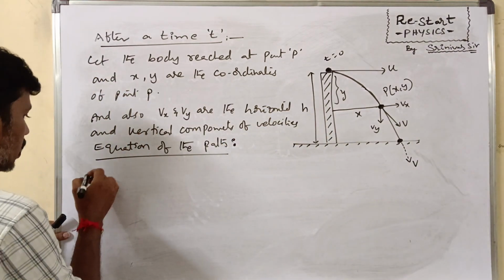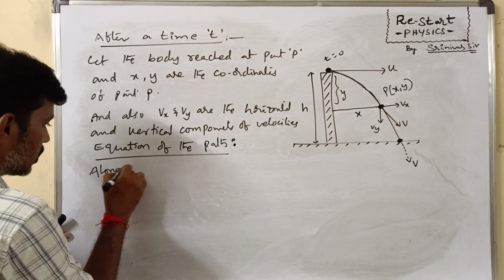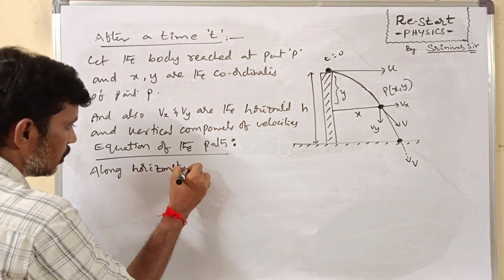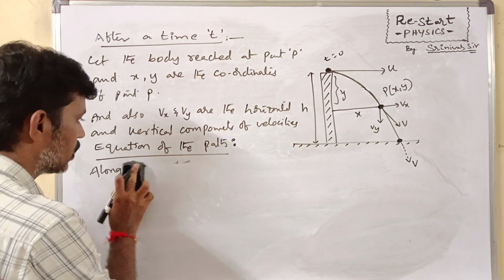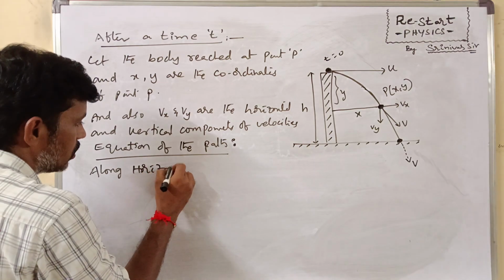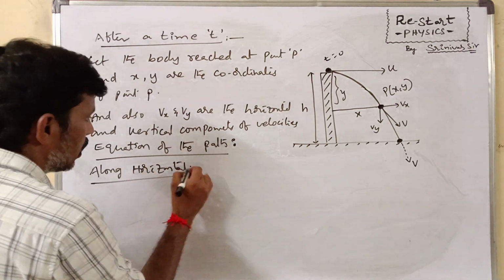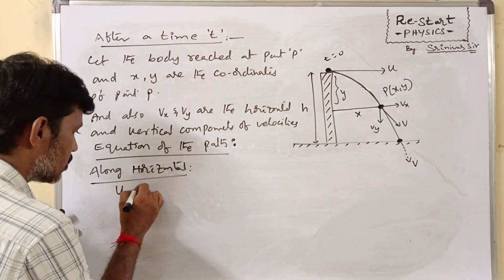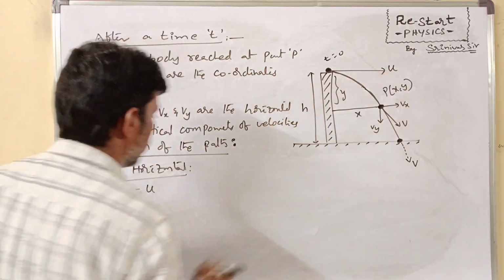Right. So you know that as usual, first along horizontal motion. Along horizontal, ux is equal to u only.